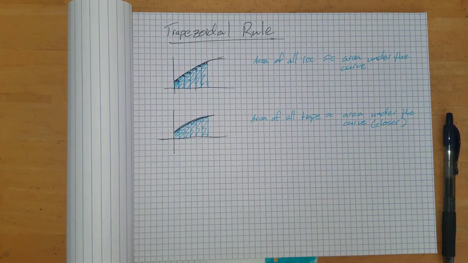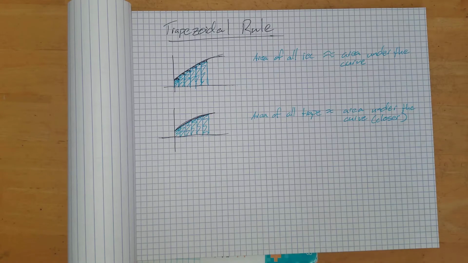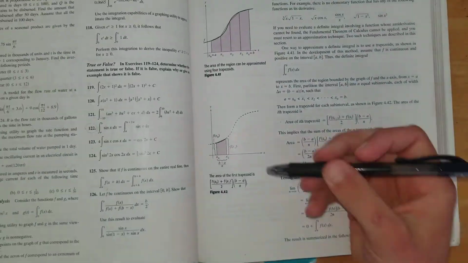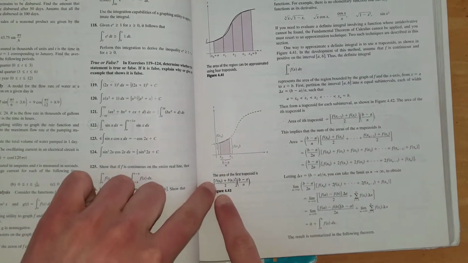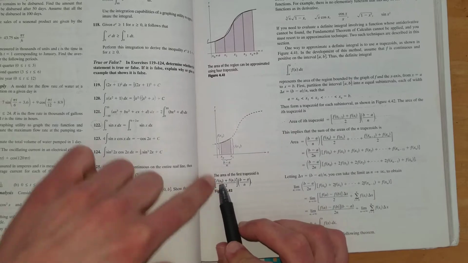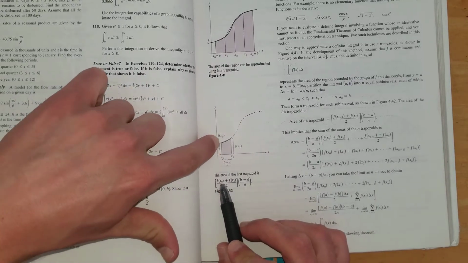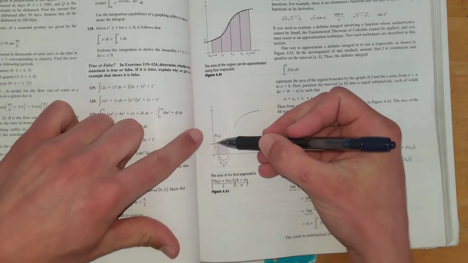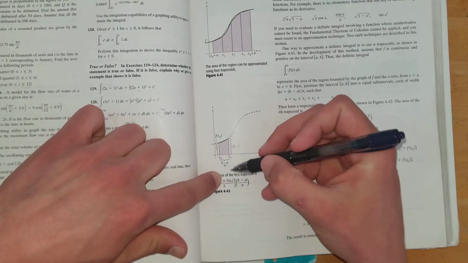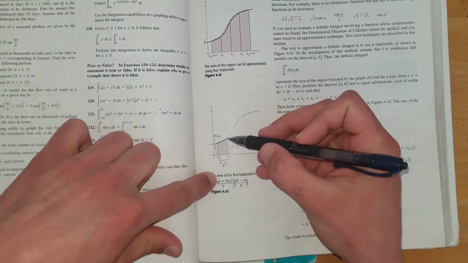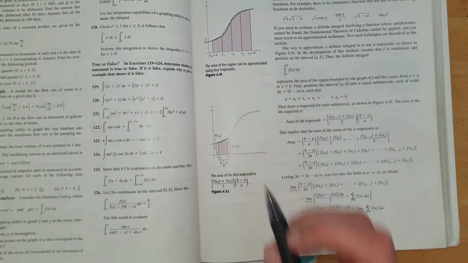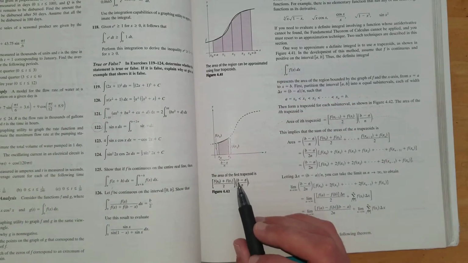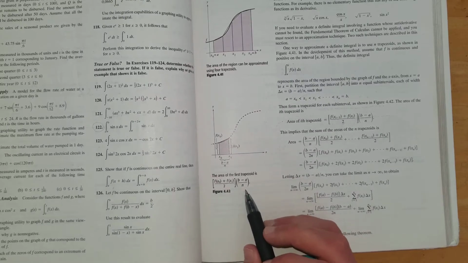And so the way we get the trapezoidal rule is if you look at your book, they have the example here, and they say the area of the first trapezoid is the function of x naught, so that's going to be this point here, plus the function of x1, this point here, all divided by 2, and then times b minus a over n.